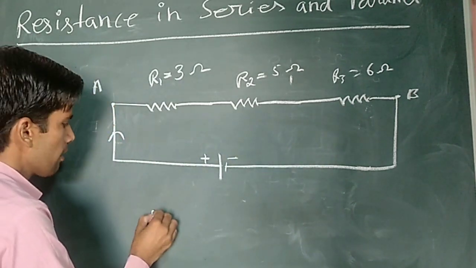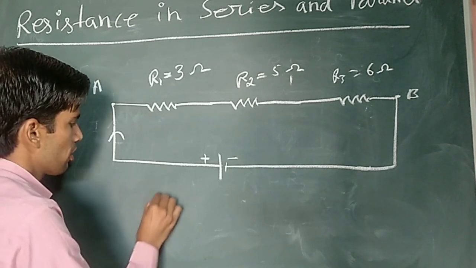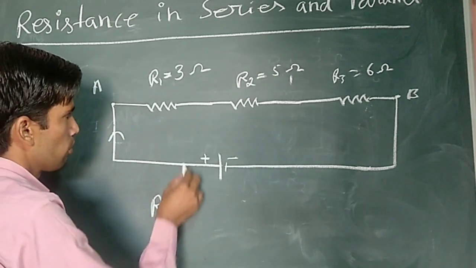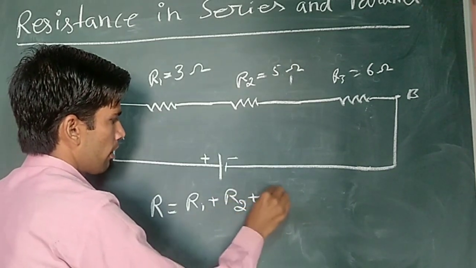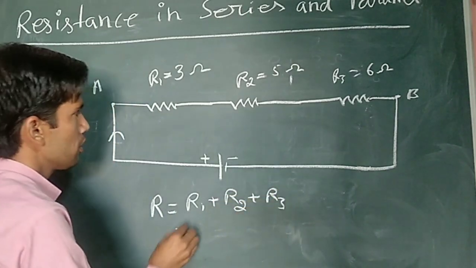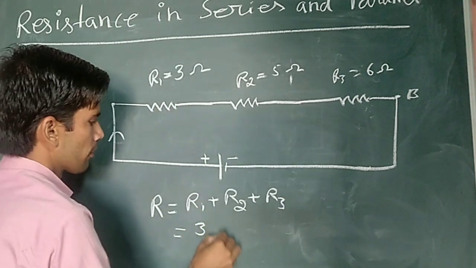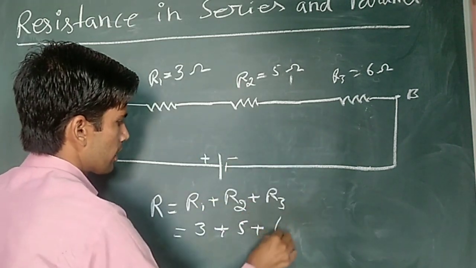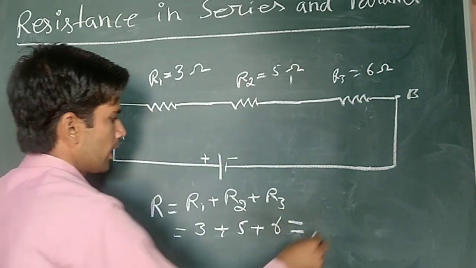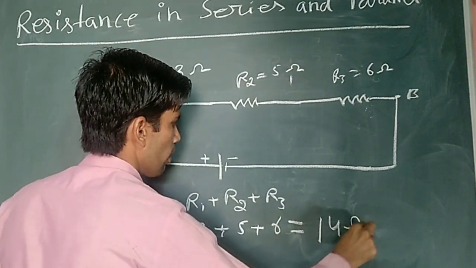The net effective resistance of this combination is R, which is equal to R1 plus R2 plus R3, which is equal to 3 ohm plus 5 ohm plus 6 ohm, and the net effective resistance is 14 ohm.